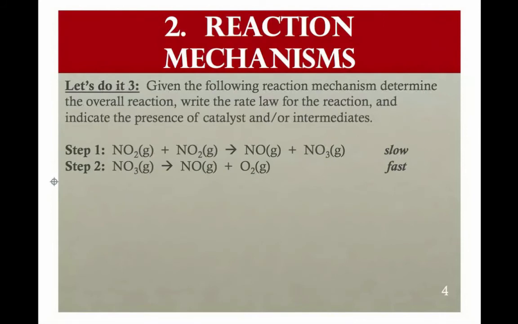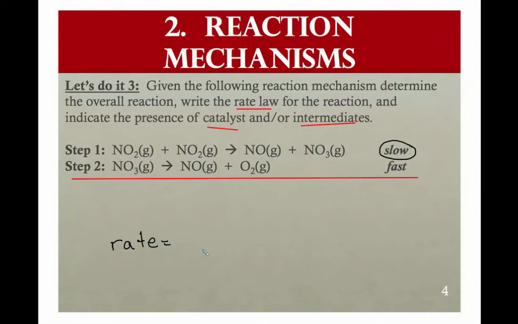All right? So this one says give the reaction mechanism based on this proposed mechanism. We want the rate law expression. So we're going to write the rate law, and we're going to look for catalysts or intermediates. Now, the rate law we can get right away, because if it's an elementary step, we can get it right from the slow step.